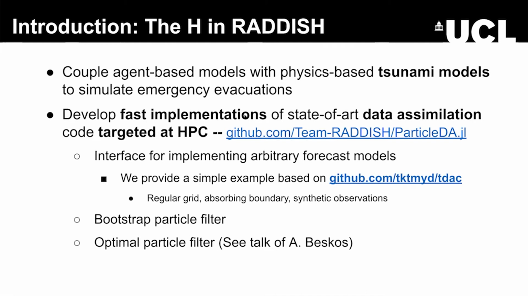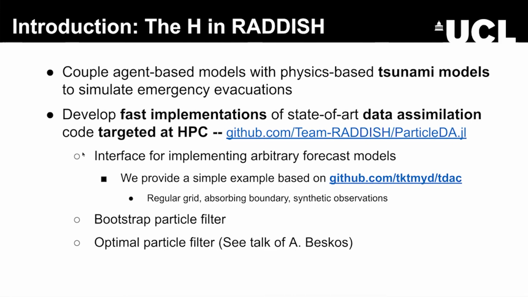For this project, we've developed a software package called particleda.jl. You can find it on GitHub, and we've tried to follow some good practices on how to develop sustainable software. The package has an interface for implementing arbitrary forecast models.